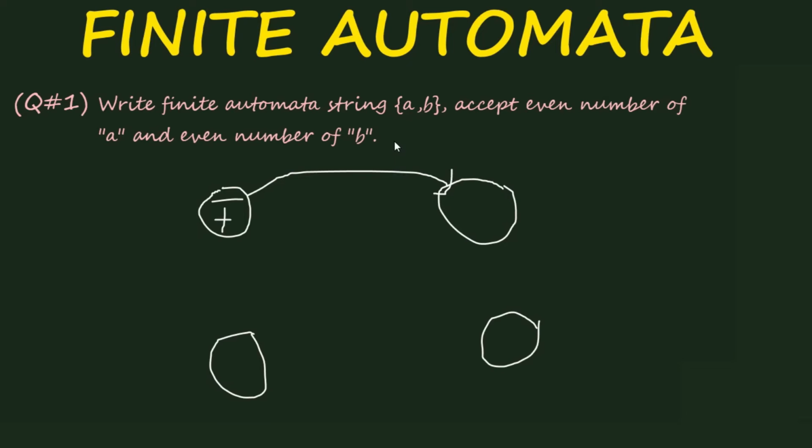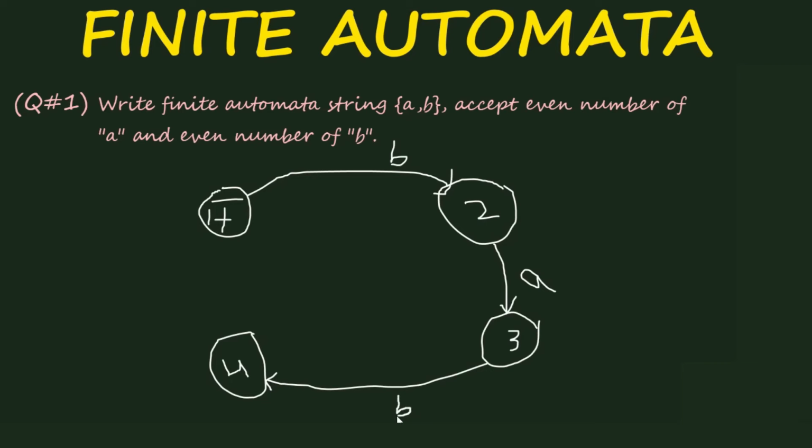This is state number 1, this is state number 2, this is state number 3, and this is state number 4. If we pass B, it will go to state 2 from state 1, and if we pass A, it reaches state 3 from state 2, and if we pass B on state 3, it will reach state 4.